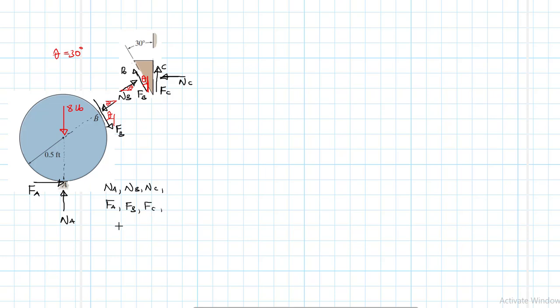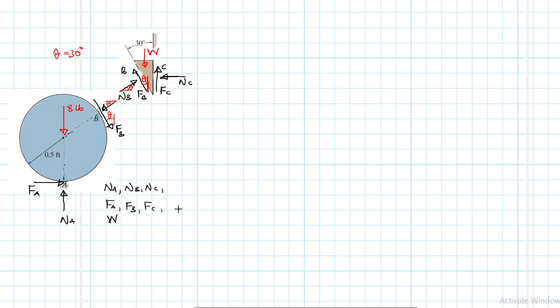Then I forgot one more force, which is the weight of the wedge. This is what we are looking for: the wedge will have some weight, and we don't know what it is. So we have 7 unknowns.